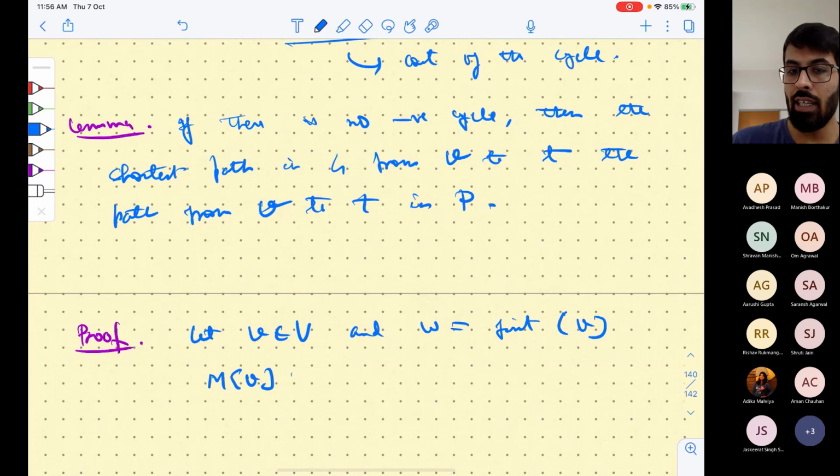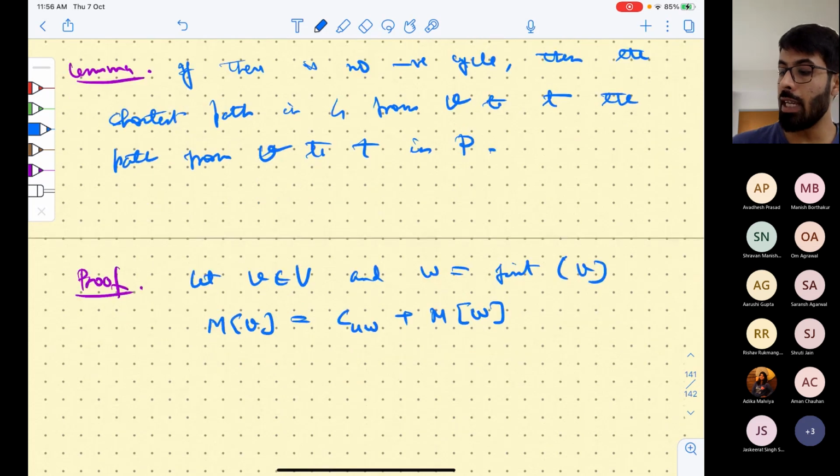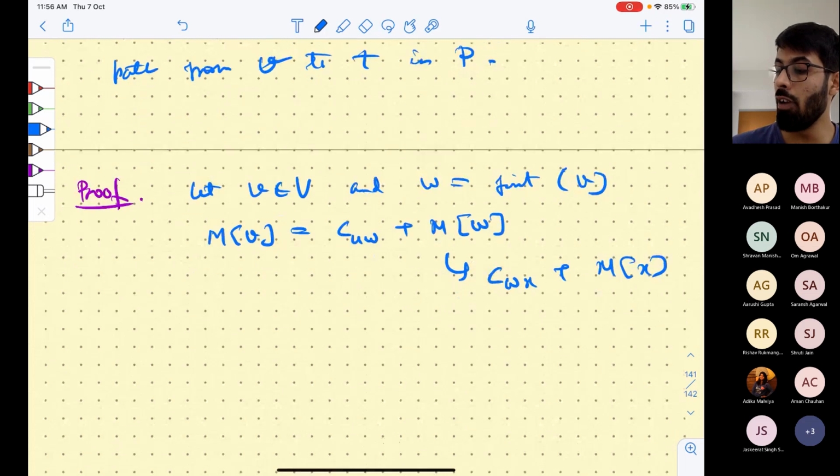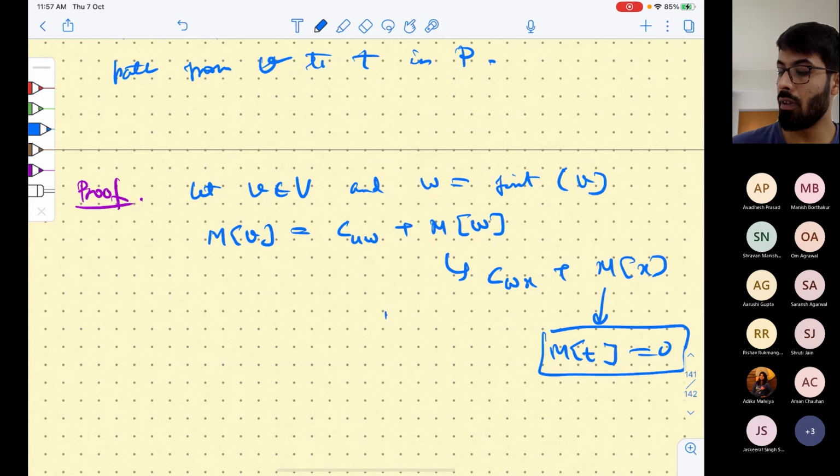That M of V is equal to C of VW plus M of W. We know that. And then we keep expanding it. Now M of W is C of WX plus M of X and so on till we finally reach M of T, right? And M of T is equal to 0.